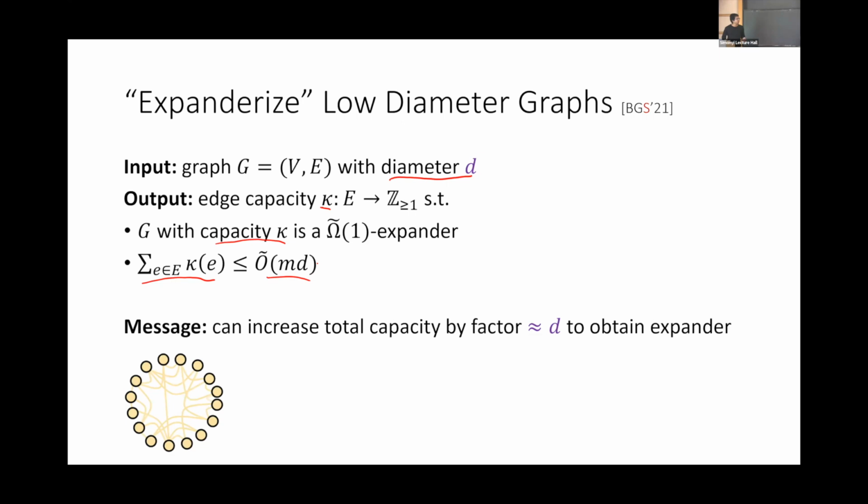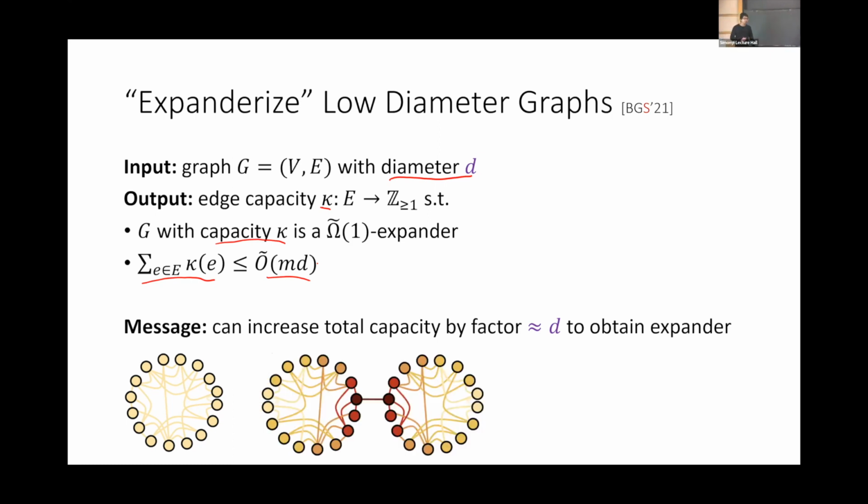Let me tell you one example. If the graph in the beginning is already an expander, it has low diameter, so you actually don't need to increase the capacity at all. But imagine this graph. It's a dumbbell graph, let's say two expanders connected by only one edge here. This is far from being an expander, right?